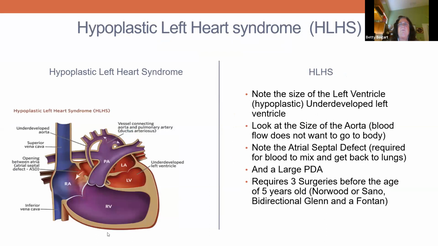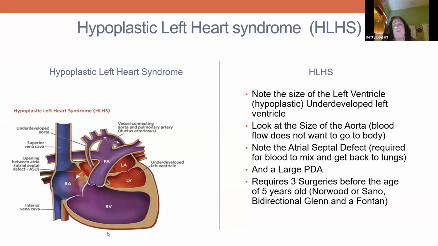I've mentioned the hypoplastic left heart. This is the most severe of all diagnoses, and this is an underdeveloped left ventricle. That means there's no pumping in this heart going on. And this child is going to require 3 stages of surgery. So it is a lifelong illness.